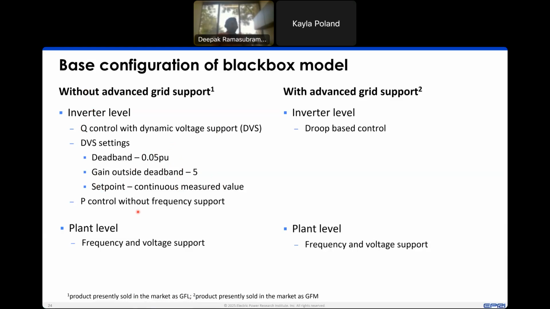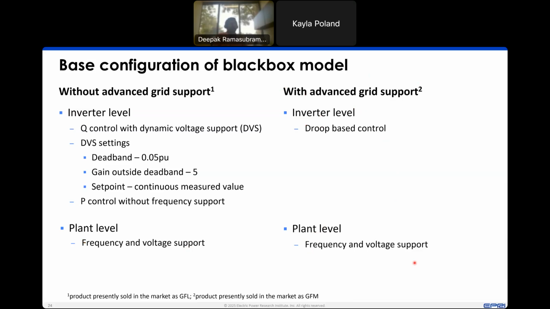It has active power control at the inverter level without frequency support, and at the plant level, it has frequency and voltage support. The same inverter OEM also has a product on the market which is sold as grid forming, which has their advanced grid support. At the inverter level, they have some form of droop-based control. And at the plant level also, they have frequency and voltage support.